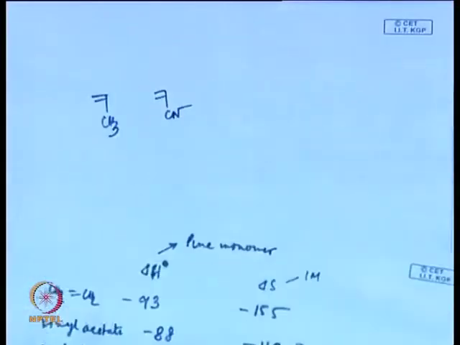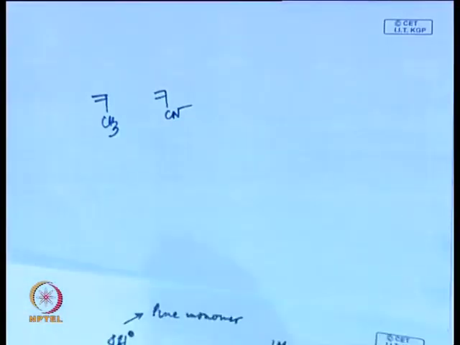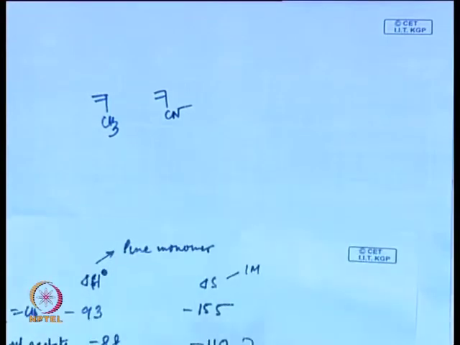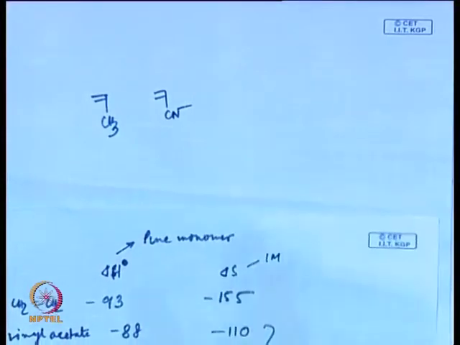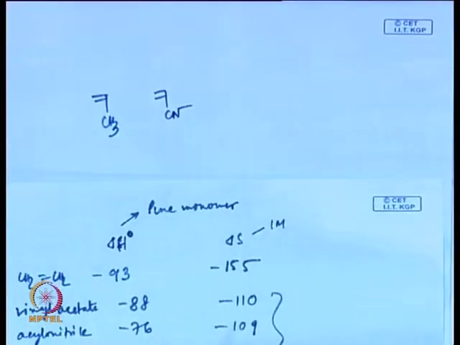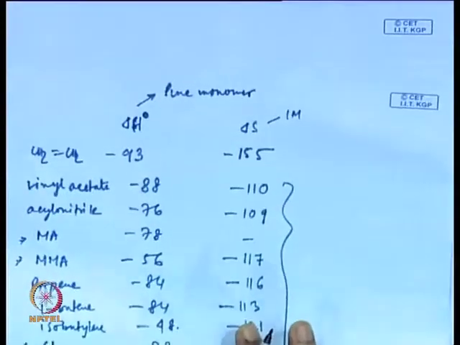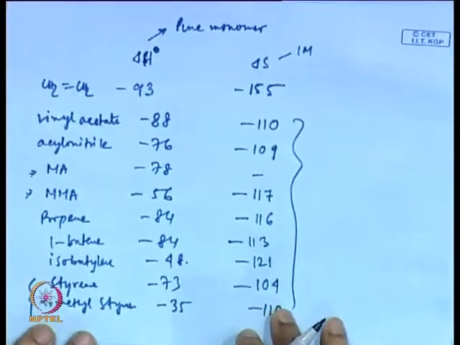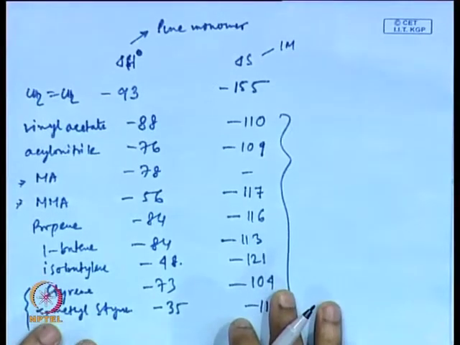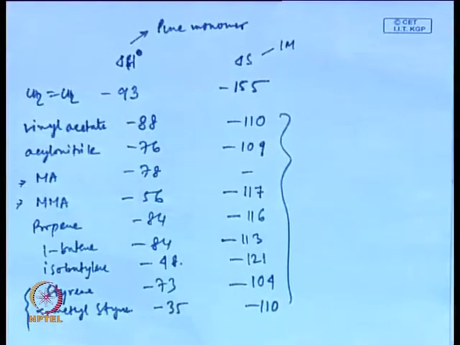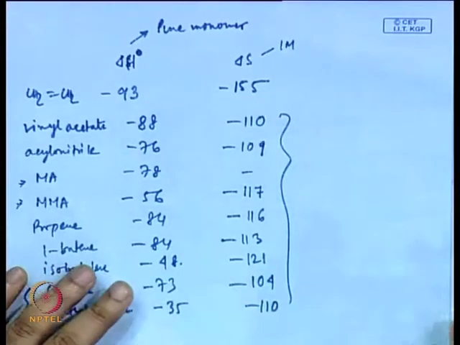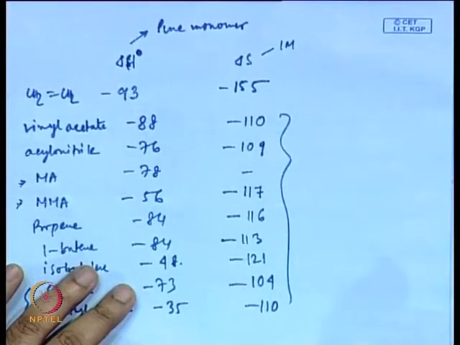You can compare between, say, 1-butene and 1,3-butadiene. Obviously, 1,3-butadiene has much more stabilization, so it will have a much lower del H value. If you compare acrylic acid and, say, acrylonitrile, acrylic acid can form hydrogen bonding between the molecules, which stabilizes the monomer compared to when it gets converted to polymer.